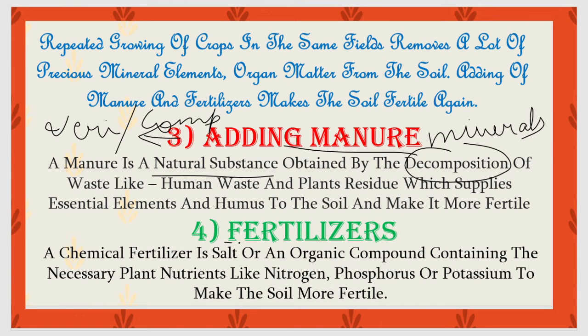And what happens in fertilizers? Fertilizers are basically chemical products. They are not from nature, they are from chemicals. Fertilizers are compounds containing the necessary plant nutrients like nitrogen, phosphorus, and potassium to make soil more fertile.